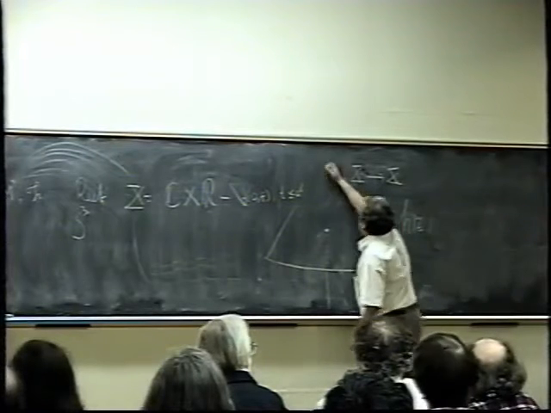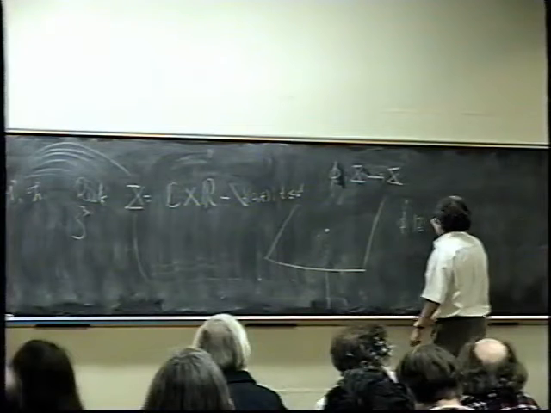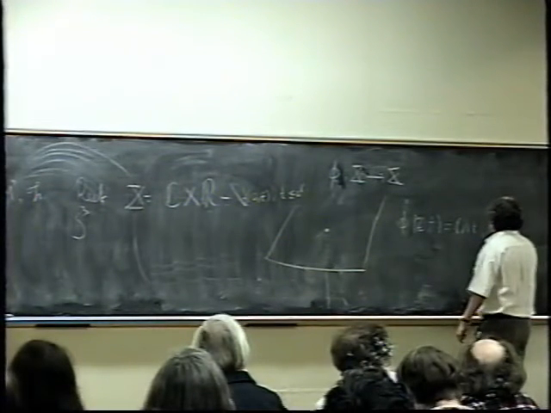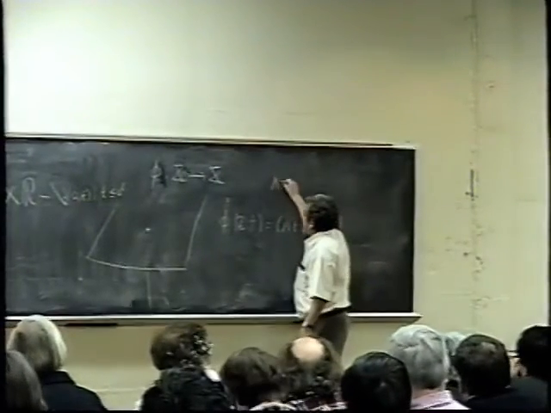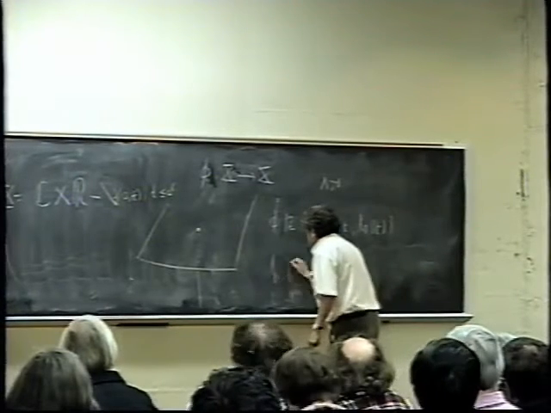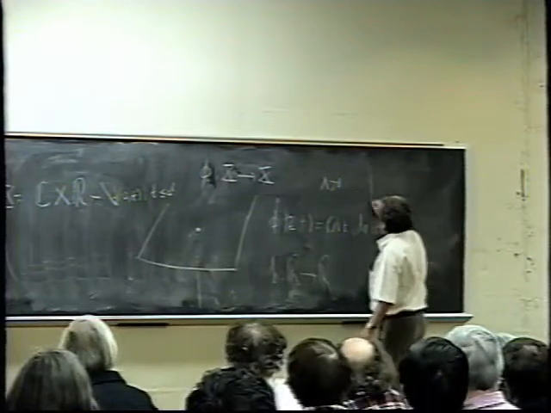Let's call it with coordinates (z,t). h of (z,t) equals (lambda z, h(t)), where lambda is a real number strictly greater than 1, and where h is a diffeomorphism from the real line to itself, and the graph looks as follows.